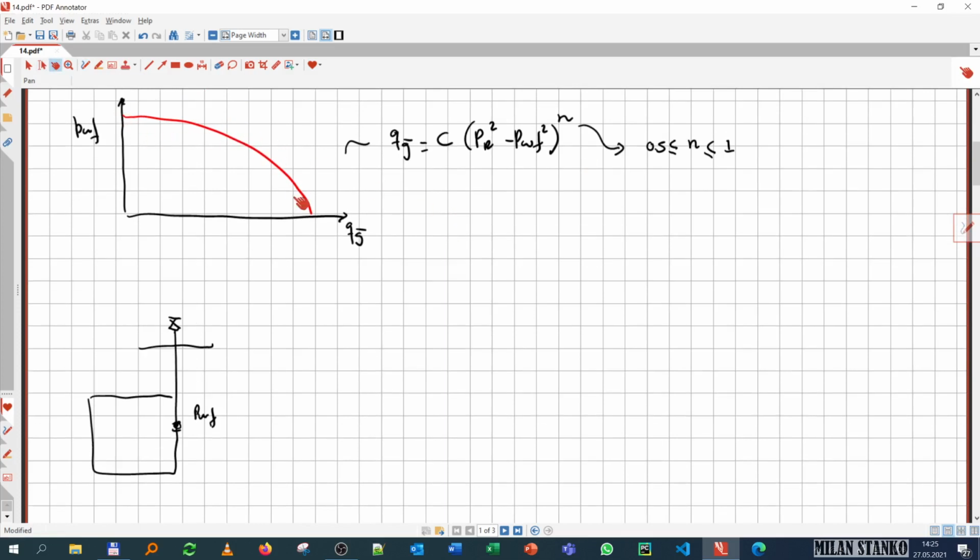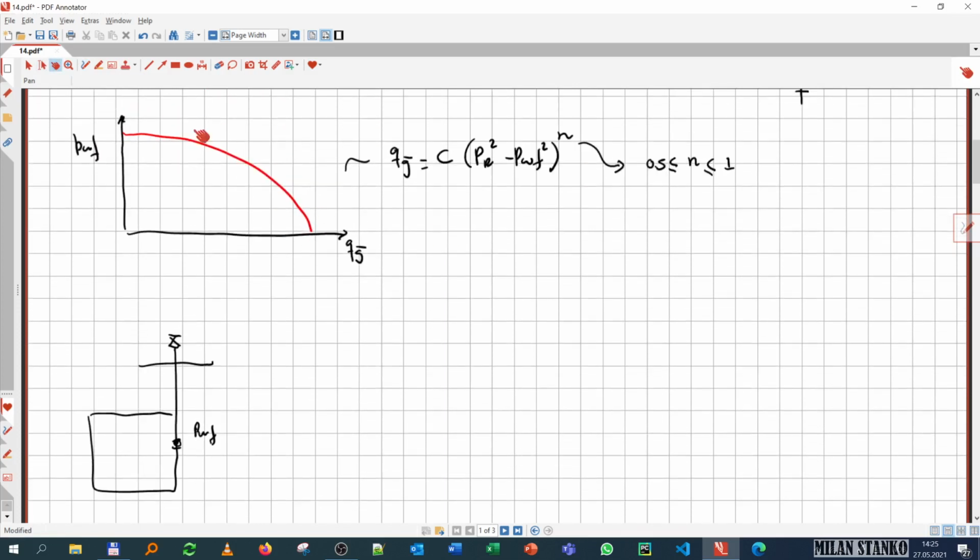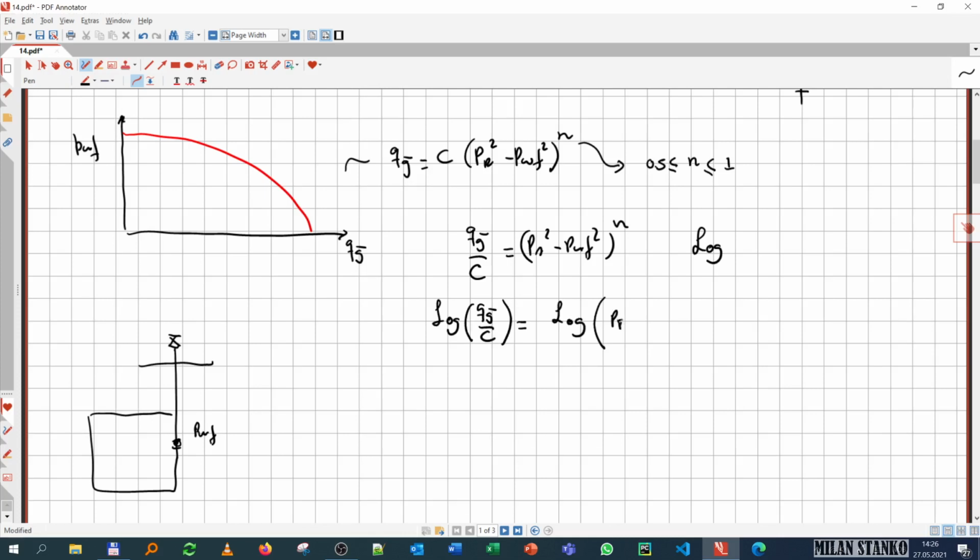And they didn't do it in this plot, but they used a log-log plot. So let's fix this equation a little bit. We have PR squared minus PWF squared to the power of n, and then I take log of both sides, base 10. Then I end up with log of QG divided by C equal to n times log of PR squared minus PWF squared.